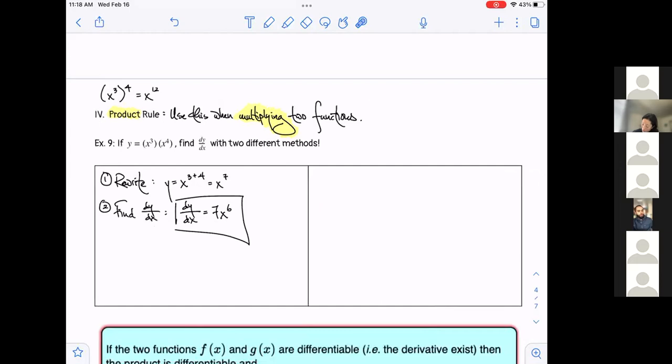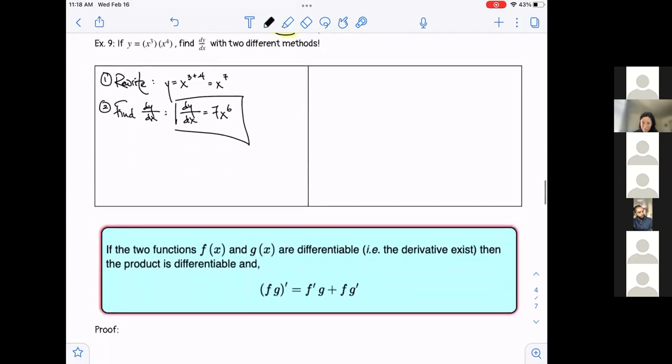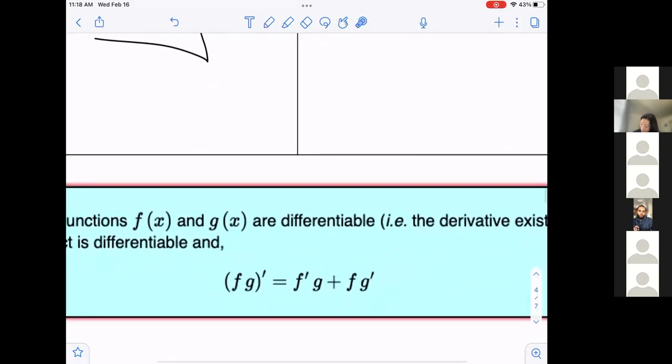All right. So product rule. In the blue, if two functions, f and g, are differentiable, then the product is differentiable, meaning that you can find a derivative. This is one version of the rule. So you have two things multiplied and you want to find the derivative.